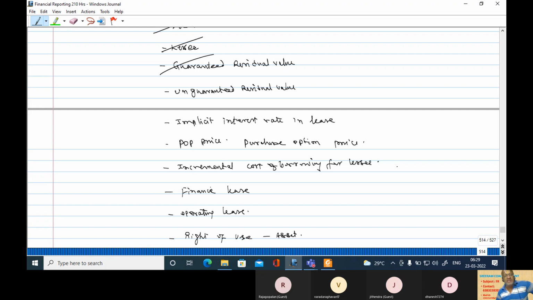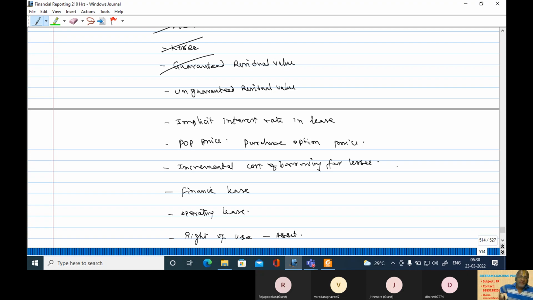See, as far as the lessee is concerned, between operating lease and finance lease, they are going to deal in the same manner only. What is that? The lease payment, which is nothing but the lease rental plus guaranteed residual value from the viewpoint of the lessee, has got to be discounted, and the same will be debited to right of use of asset, and credit will be given to lease payable.